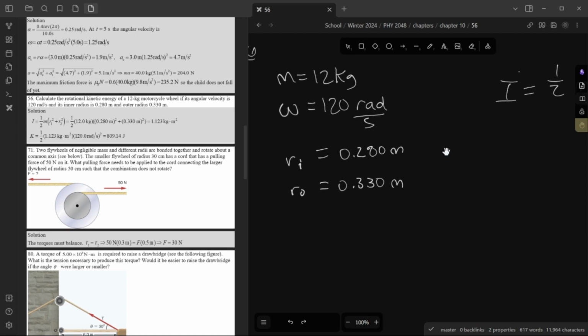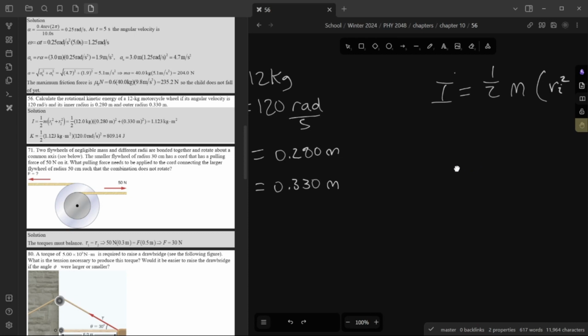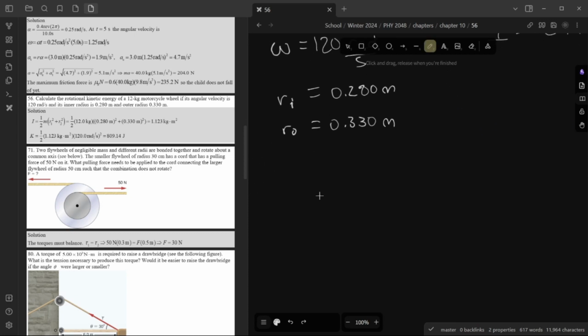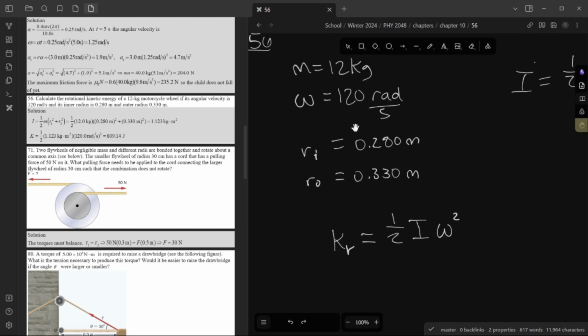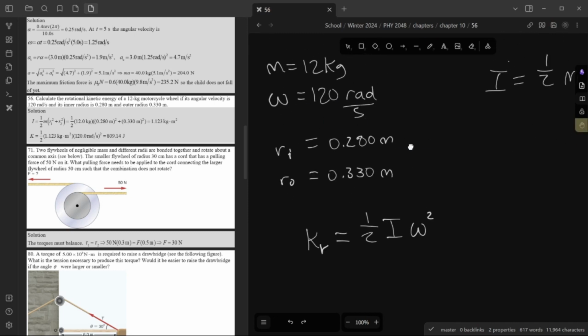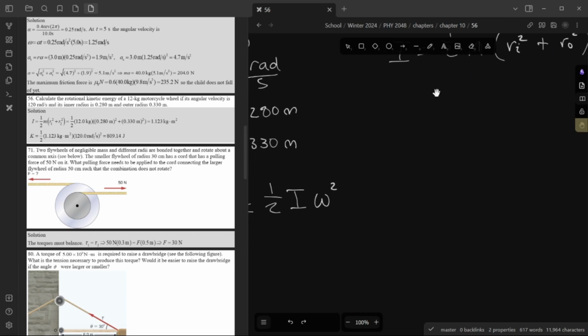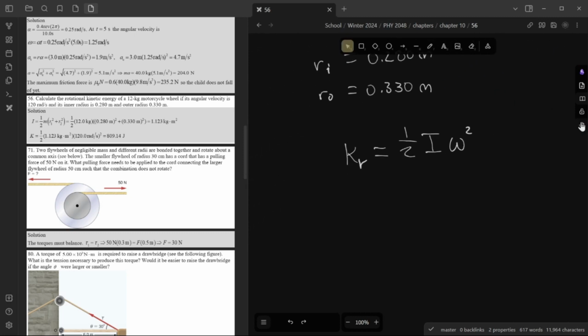So all it's asking for is the rotational kinetic energy. So that's one formula, K sub R equals 1/2 I omega squared, where I is the moment of inertia. I can double check that just to make sure, but yep. So we're already given omega, but we're not given the formula for moment of inertia. We actually have to remember that.